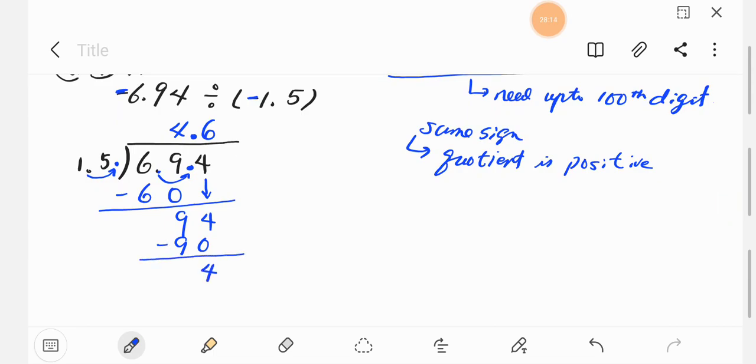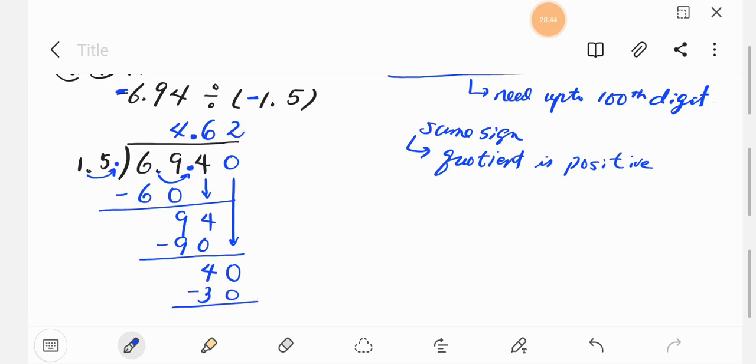So since we have zeros, we can bring down a 0, right? Because after the decimal point, you can put as many zeros as you want. All right, then 15 can fit 2, right? So that is 30.